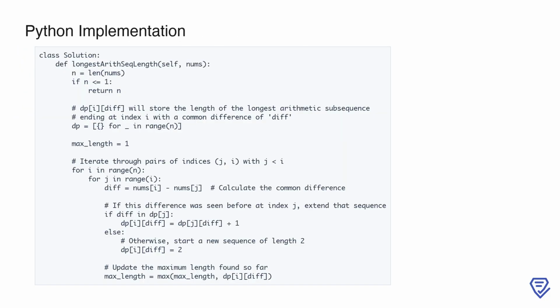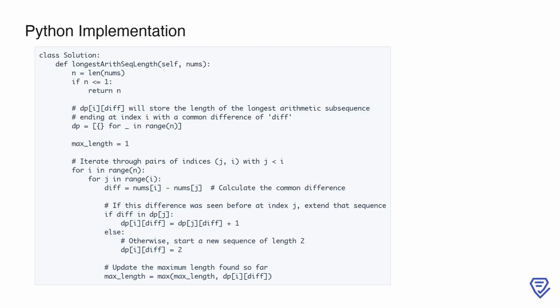Here, we start by defining a class called Solution and implementing the method longestArithSeqLength. The goal of this method is to find the length of the longest arithmetic subsequence in the given list of numbers, nums. First, we determine the length of the input list, n, and handle the edge case where the list has one or no elements. If n is less than or equal to 1, we simply return n as the result.